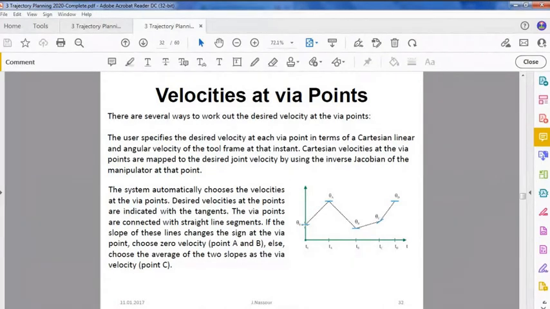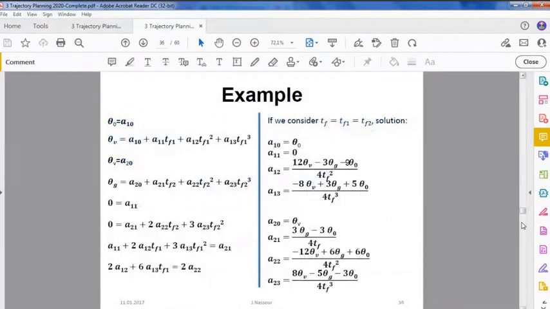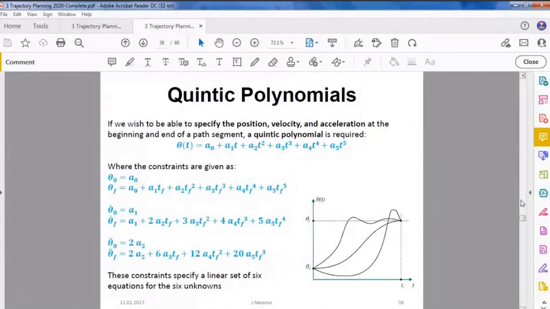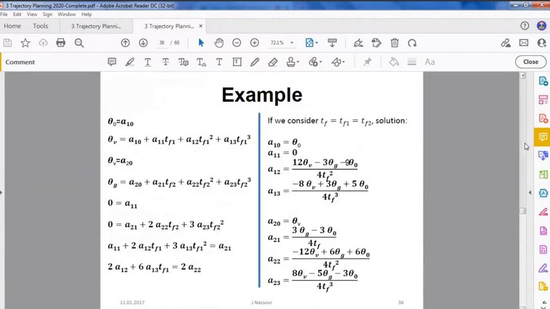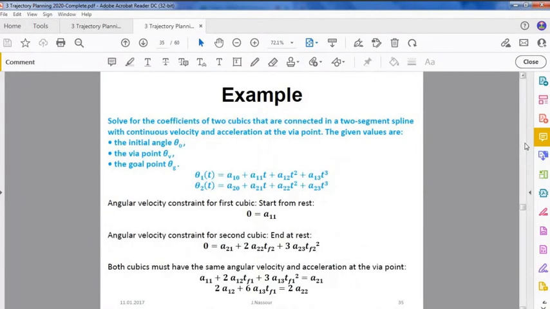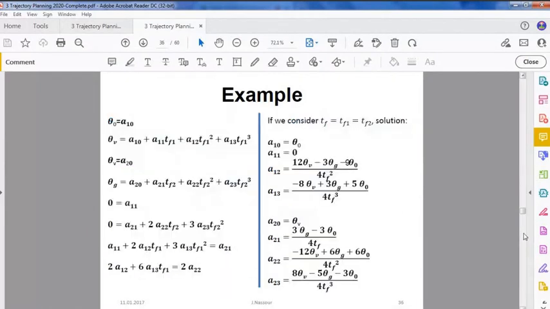So that means your robot arm will control your velocity based on your angle. When your robot moves this angle, this is your velocity and this is your acceleration. You will get the value based on this equation. So that means your robot will move smoothly. This equation finds the position, and then the other one finds velocity.